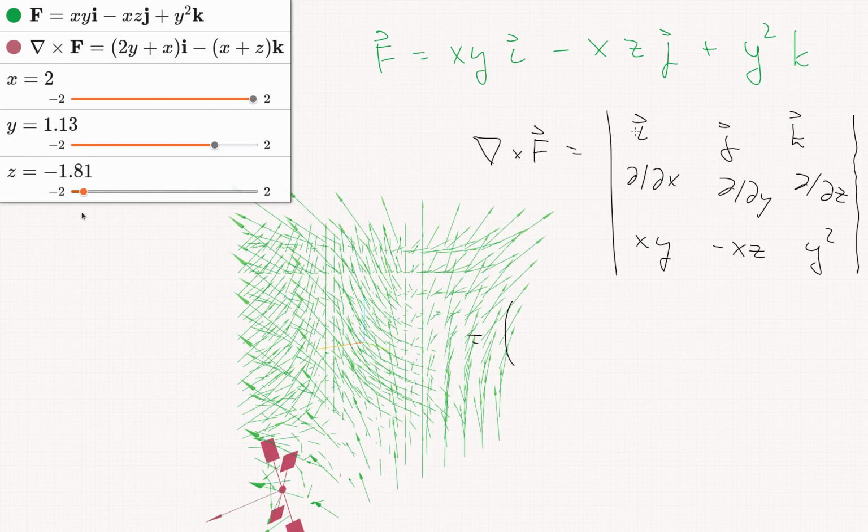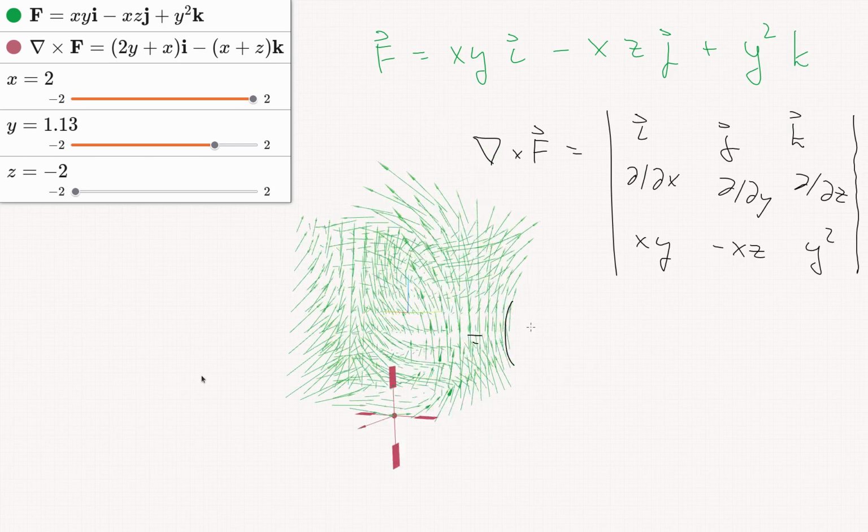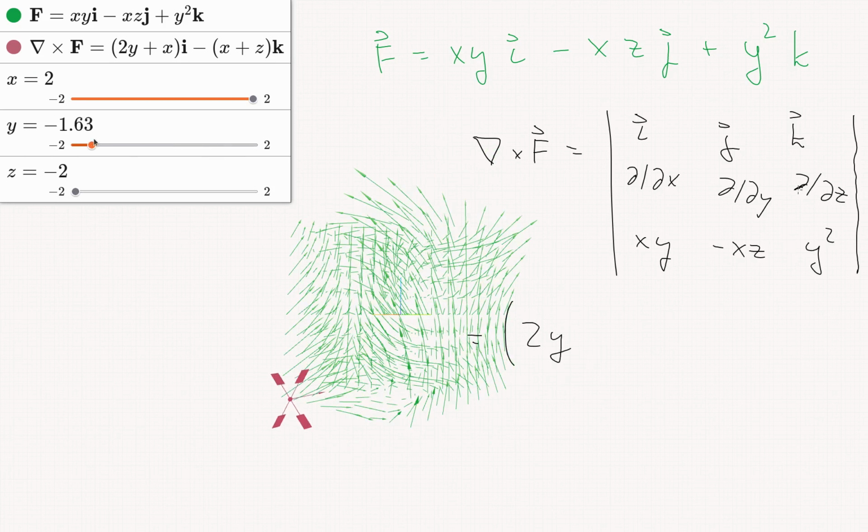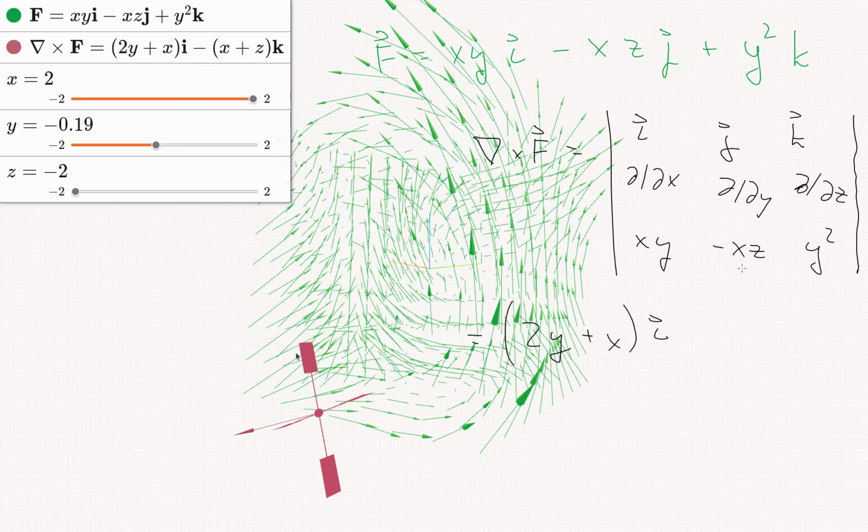So for i, we take ∂/∂y of y squared, which is 2y, minus ∂/∂z of minus xz, so that's plus x i. For j, we'll be looking at ∂/∂z of xy, which is 0, minus ∂/∂x of y squared, which is also 0. So there's no j component.